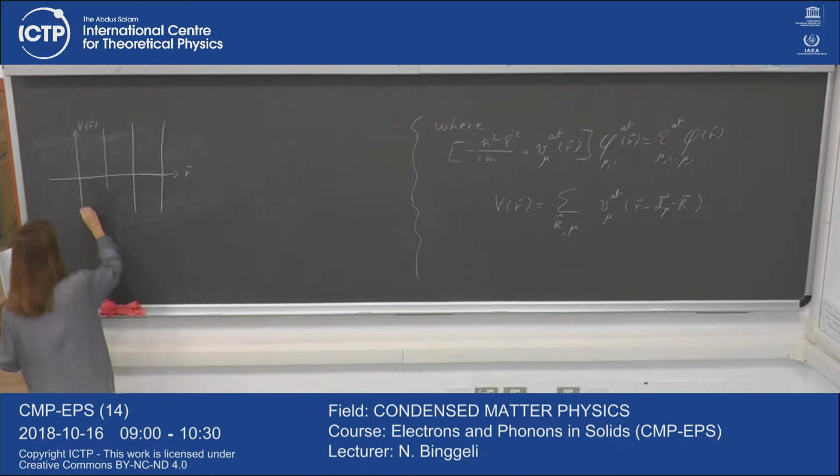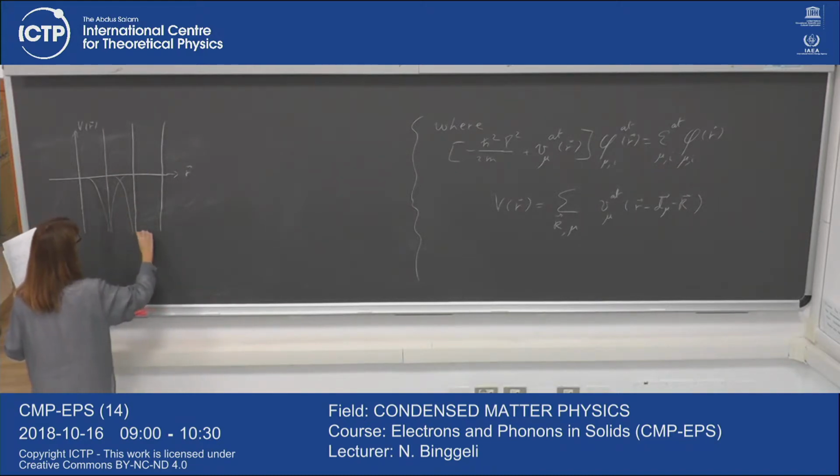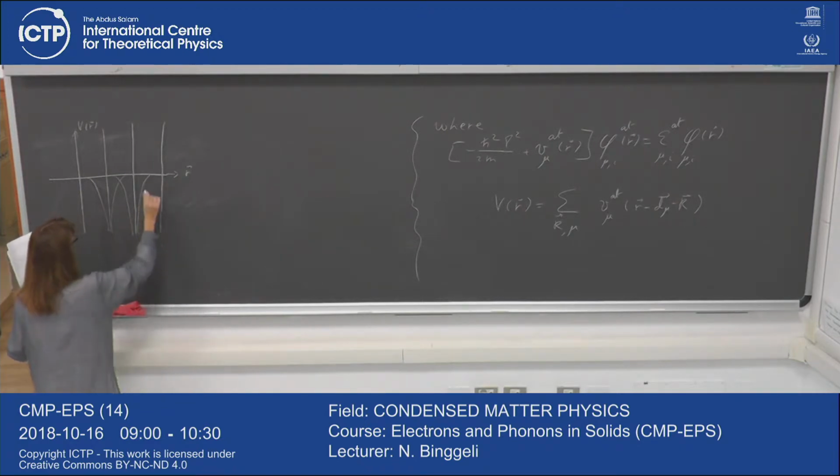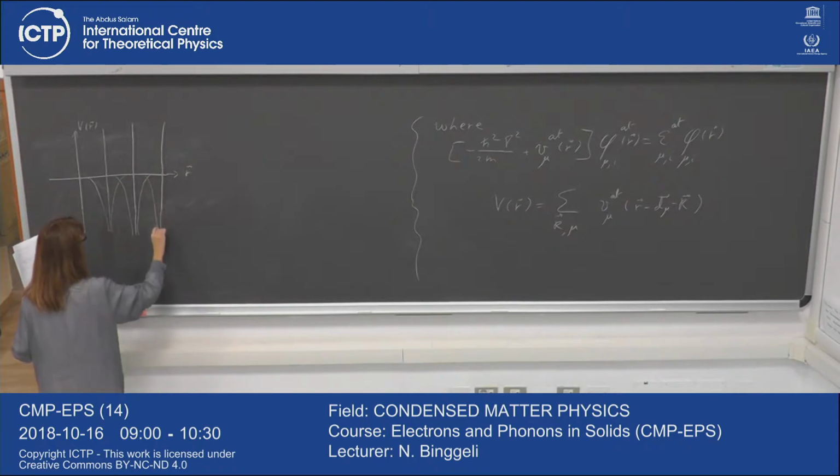Okay, so I have a potential that goes like this. This is the Coulomb potential, and I'm summing over the Coulomb potential on each of the atoms.